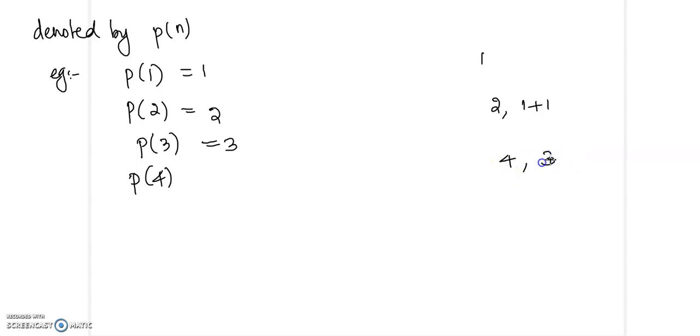Then you have 3 plus 1, and then you have 2 plus 2, then 2 plus 1 plus 1, and then you have 1 plus 1 plus 1 plus 1. So there are total of 5 representations. So those are some examples of partitions.